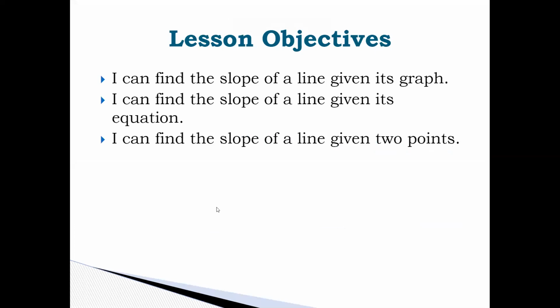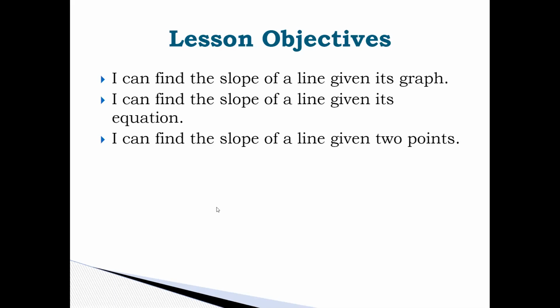Anybody remember which forms of the equation give us the slope? Yep, the famous slope-intercept equation, y equals mx plus b. Thank you. It's also in the point-slope form. So wherever you see m, that's how you know you've got the slope.